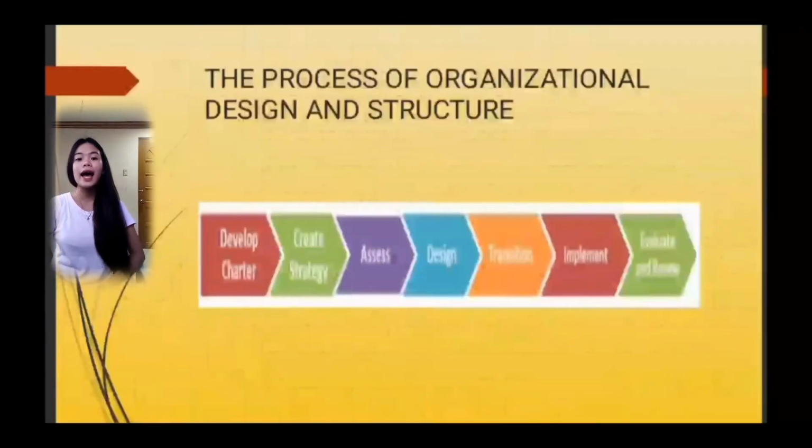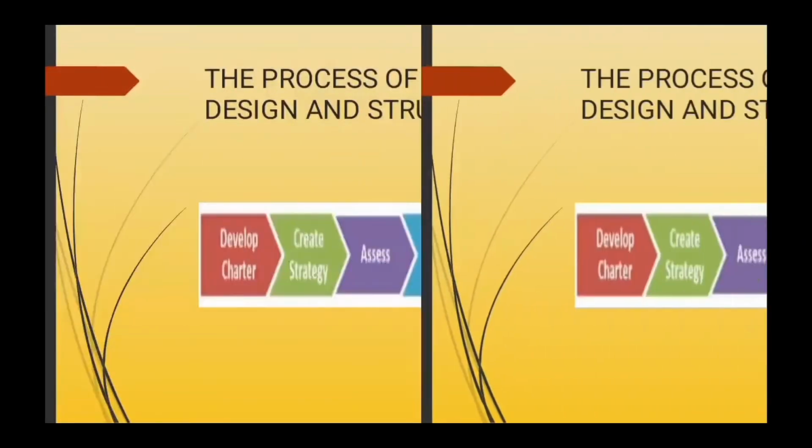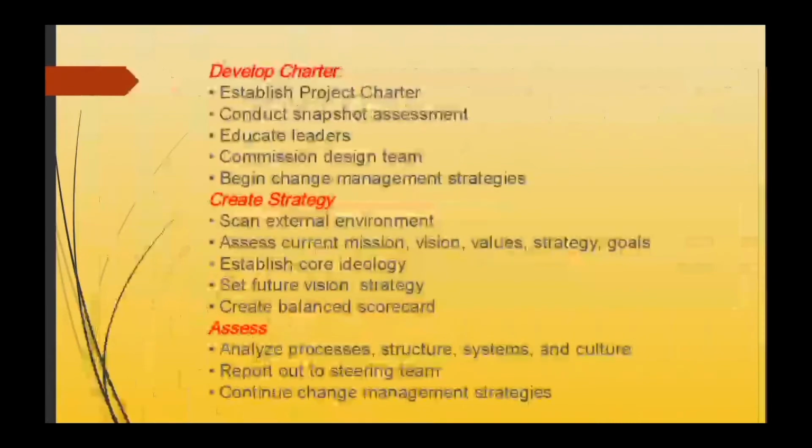Now, let's take a look at organizational design and the structure. The process of organizational design and structure involves develop charter, create strategy, assess, design, transition, implement, and evaluate and renew. In developing charter, you should establish project charter, conduct snapshot assessment, educate leaders, commission design team, and begin change management strategies.